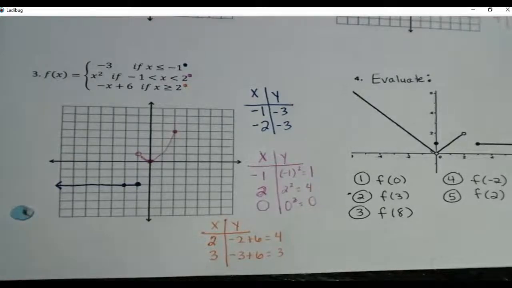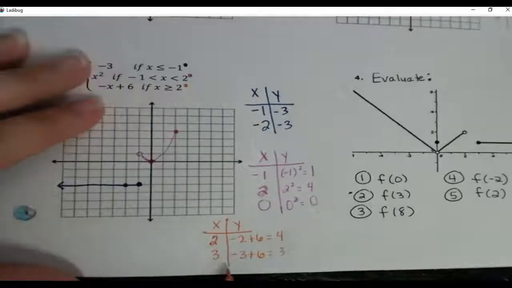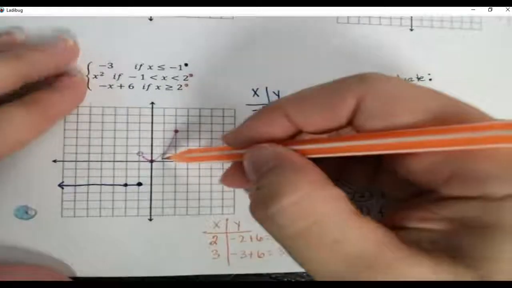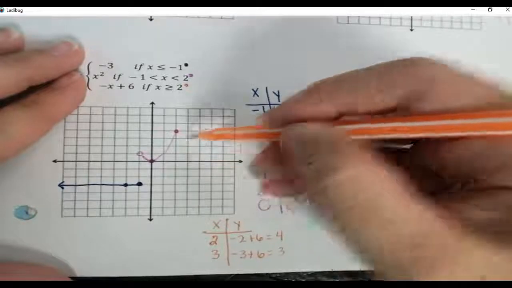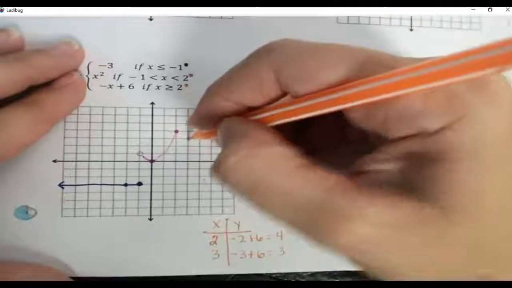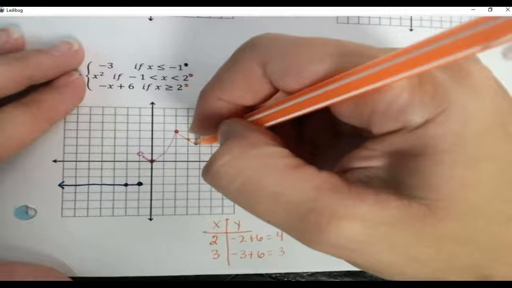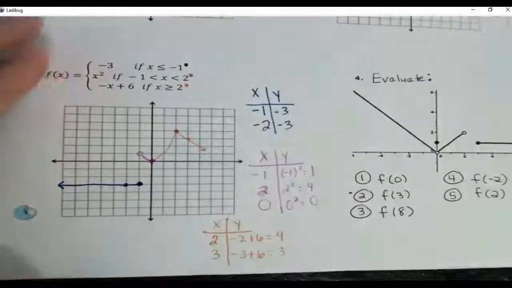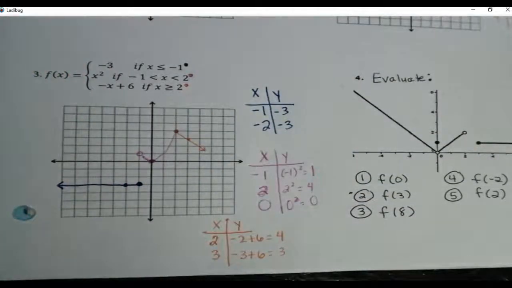So the only thing you don't want is 2 open circles, but an open and a closed is fine. So then our next point, 3, 3, just tells us our direction. So 3, 3 is here. So I'm going this way. Questions?